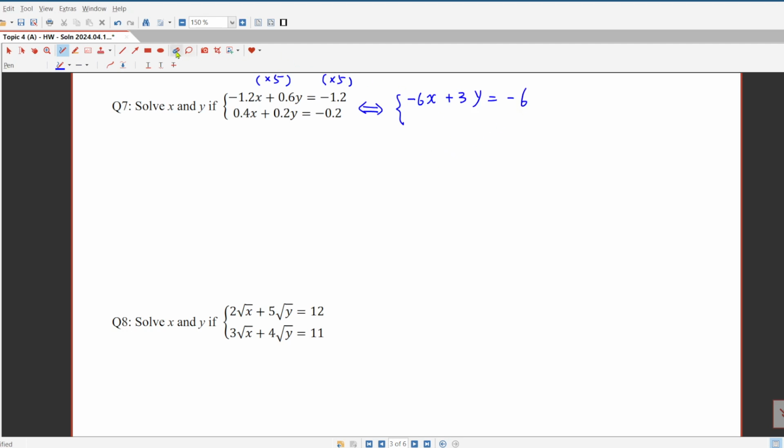And of course, this can be further simplified by dividing both sides using 3. So that's negative 2x plus y equals negative 3. For the second one, we can multiply both sides using number 5 again. This will give us 2x plus y equals negative 1, right?